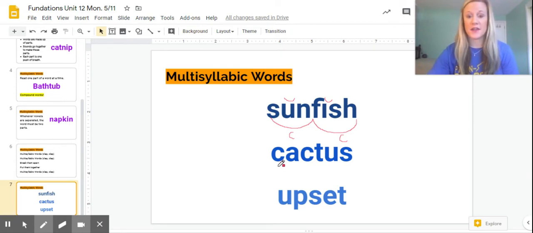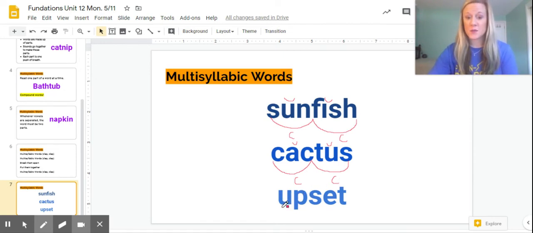Let's look at our next one. Cactus. Put my breve above my a and then above my u because my vowels are making the short vowel sounds there as a closed syllable. So I have the word cactus. You usually see a lot of them in the desert.